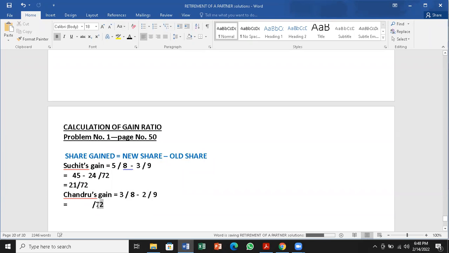So now 72 divided by 8, it is 9. 9 into 3, 27, minus, so 72 divided by 9, that will be 8. 8 into 2, 16. So 27 minus 16 is 11. 11 by 72.